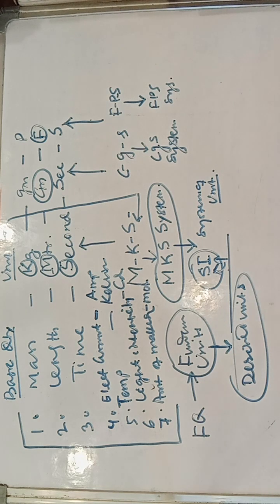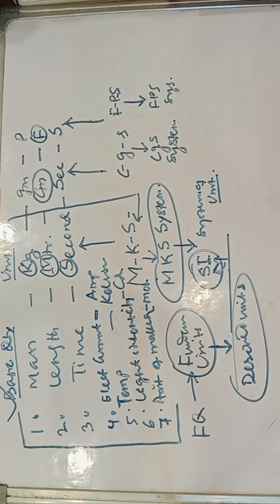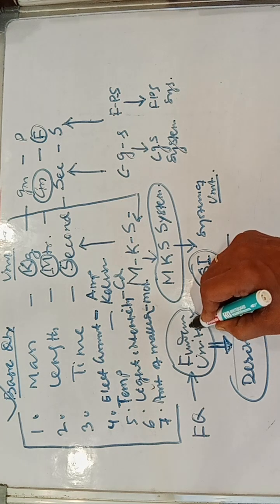We have seven fundamental or basic quantities available to us, and accordingly we have seven fundamental units. All remaining quantities are termed as derived quantities, and their units are termed as derived units. All derived units will be a combination of these fundamental units.